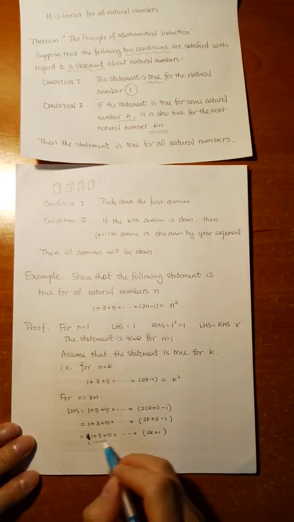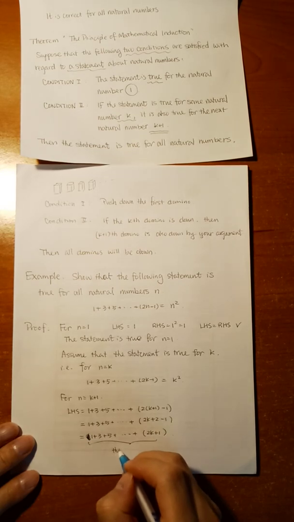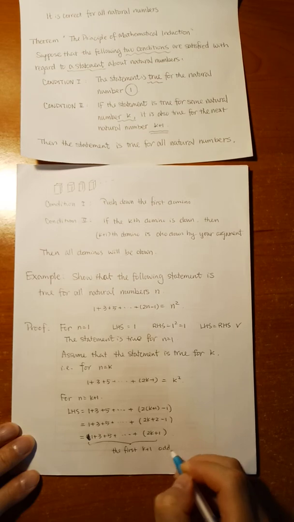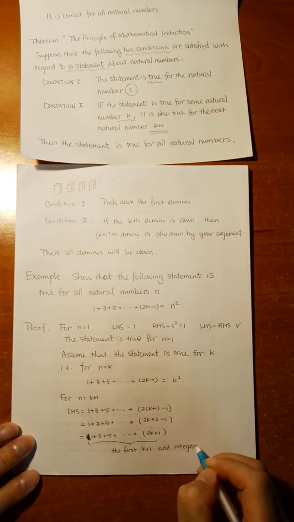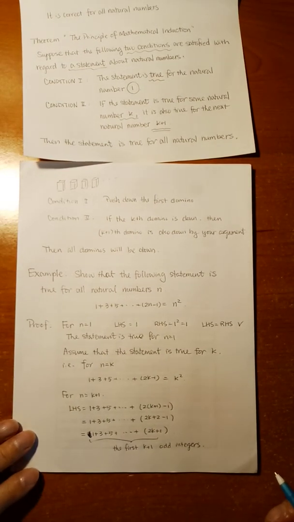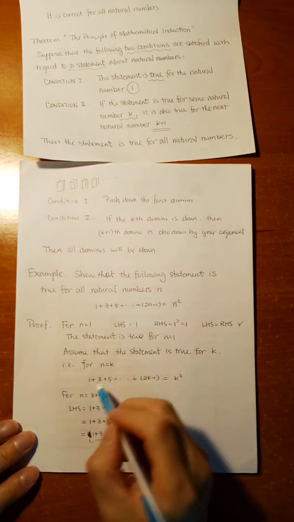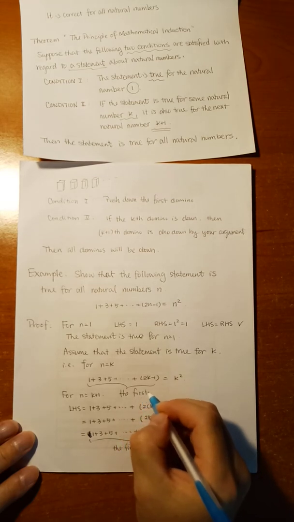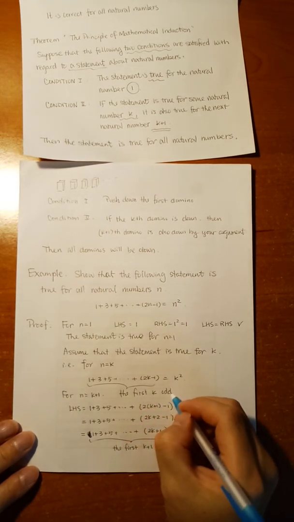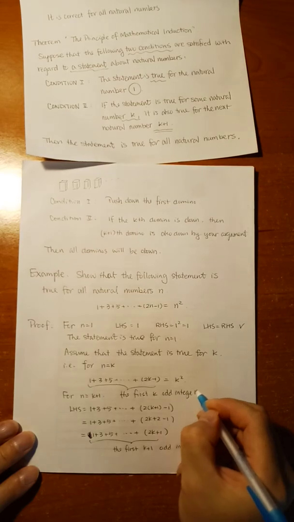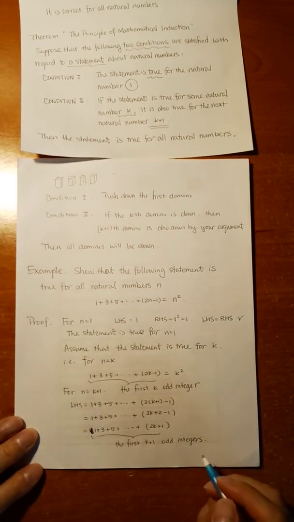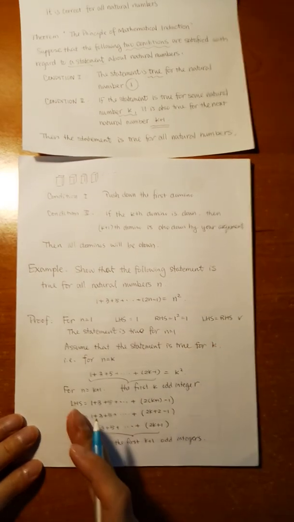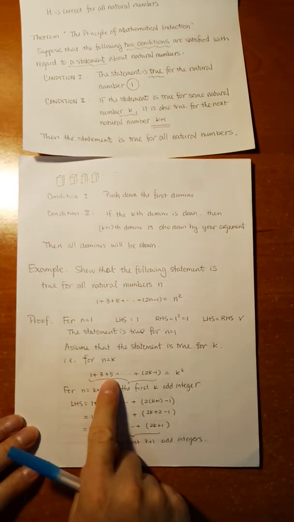So here, this is the first k plus 1 odd integers, and this is the first k odd integers. How do you get the first k plus 1 odd integers? You have the first k and you add the next one, right? You see this is first 1, first 2, first 3.